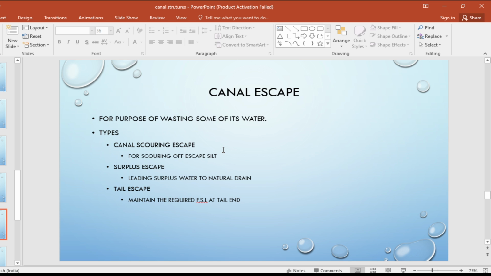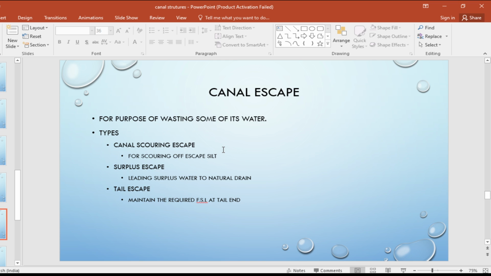Now this scouring escape is constructed for the purpose of scouring some excess silt from time to time, to avoid silting of the beds. The escapes are also constructed to dispose of excess supplies of the parent channel.